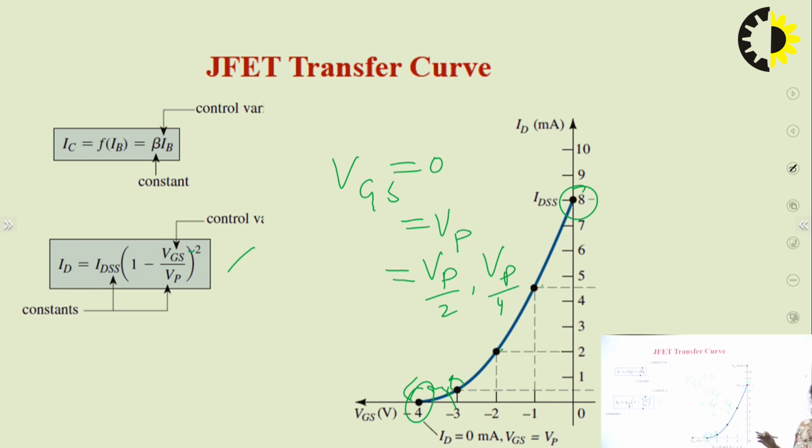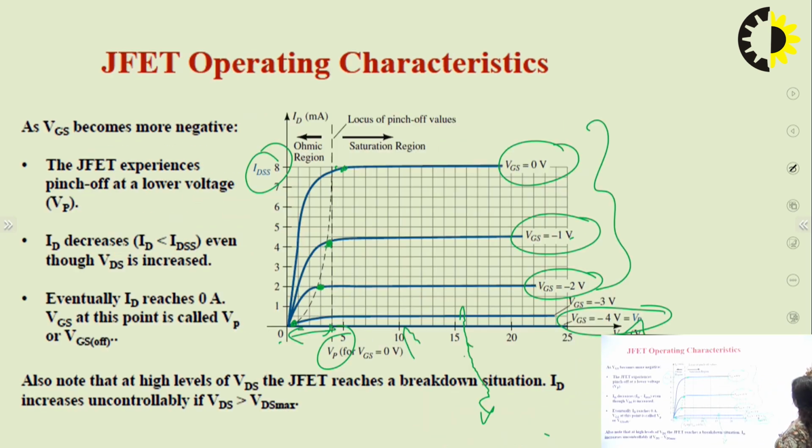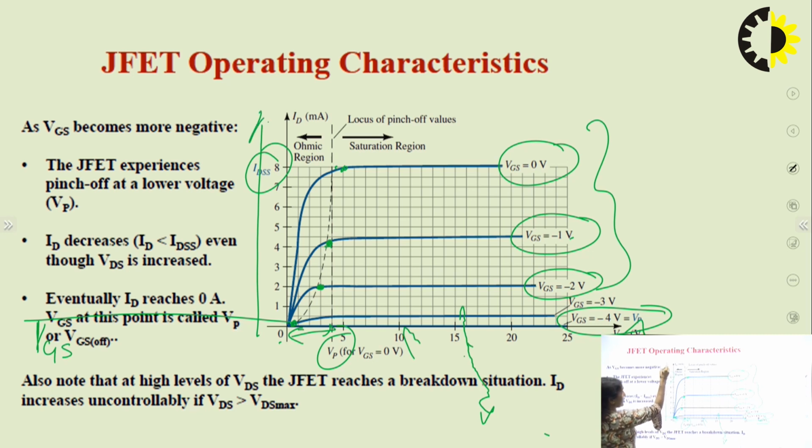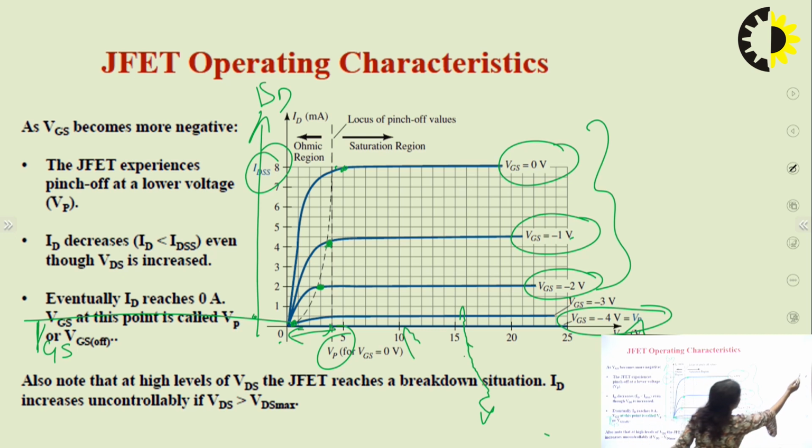Also, this curve can be drawn with the help of the drain curve by just extending. Here you can see that because VGS is negative, we are drawing it in the second quadrant, and this is your ID. When VGS is equal to 0, we have this point. When VGS is equal to VP, we have this point.